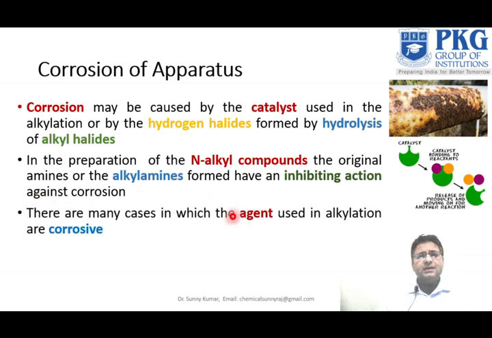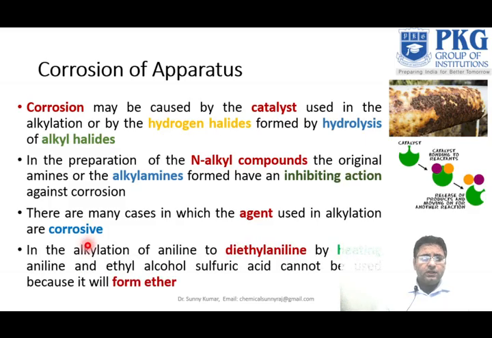There are many cases in which the agents used in alkylation are corrosive. So in the alkylation of aniline to diethyl aniline by heating aniline with ethyl alcohol, sulfuric acid cannot be used because it will form ether.